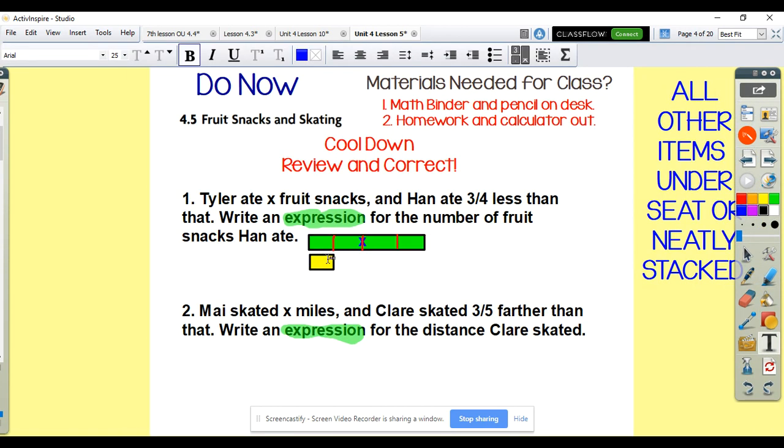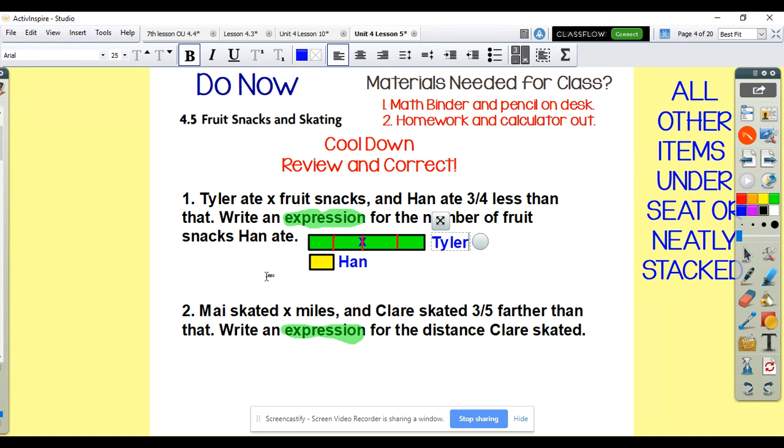So this right here represents Han. Han ate 3/4 less than Tyler. Tyler is up here. I use this diagram because if it's divided into fourths, then you can easily see that if Han ate 3/4 less, then Han only ate that much. Han ate 1/4.